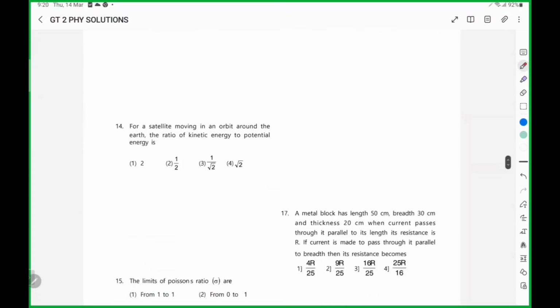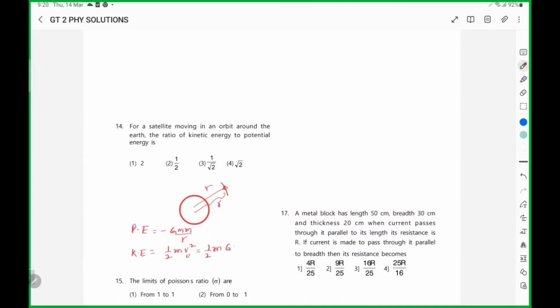Here for a satellite moving in an orbit of radius r, potential energy is minus GMm by r. Kinetic energy is half mv square, where v is the orbital velocity.